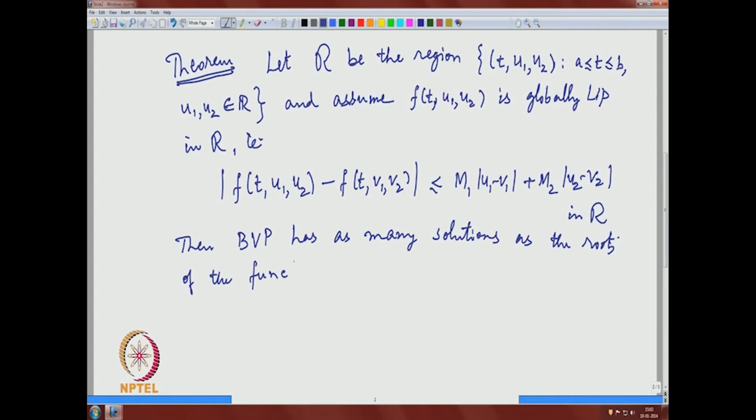So, for every root of this function phi, you get a solution of the boundary value problem.